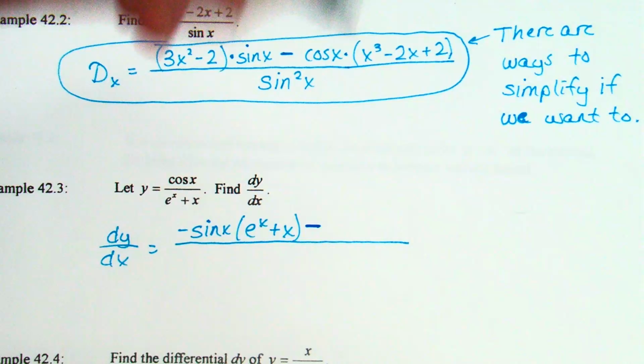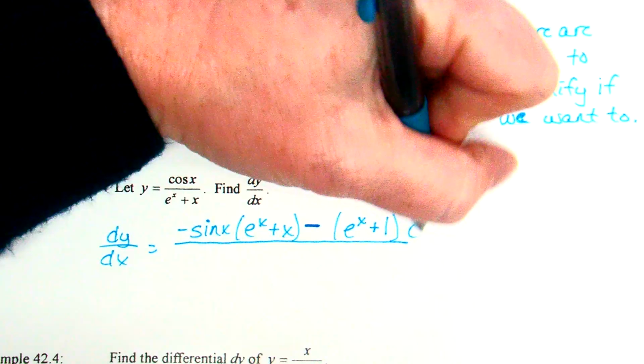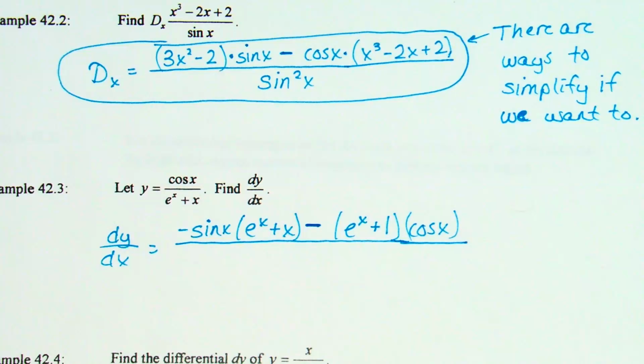Notice that's more than one term, so you have to have that in parentheses here, yes? So it's derivative of the denominator times the numerator, cosine x. Cosine x could be in parentheses or not in parentheses. Same thing with this negative sine x out front.